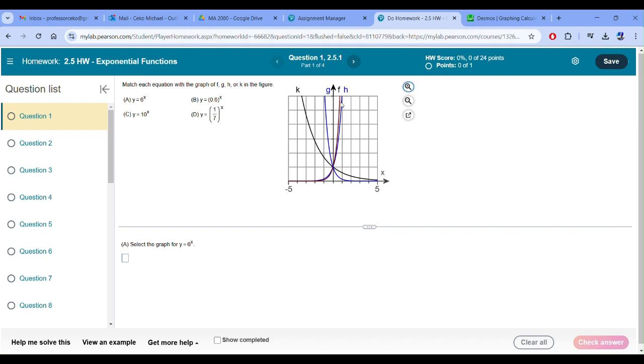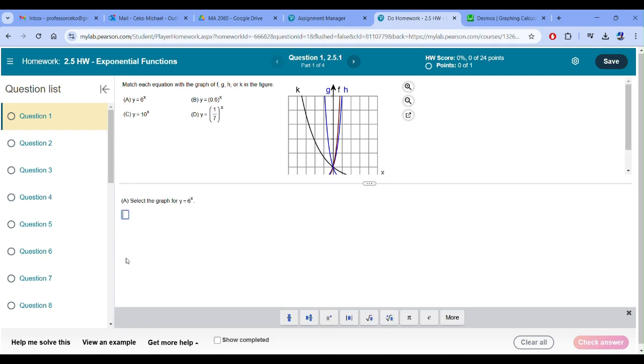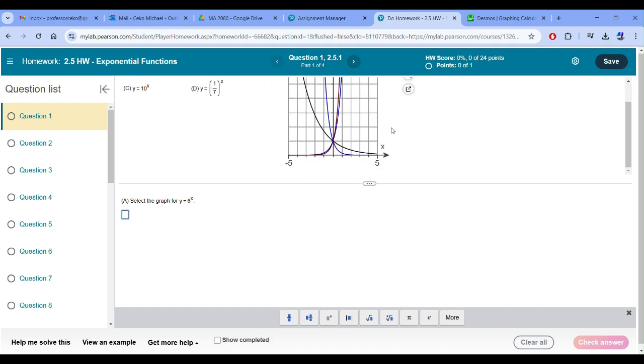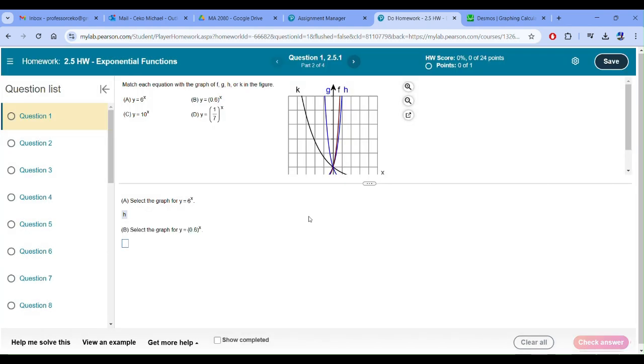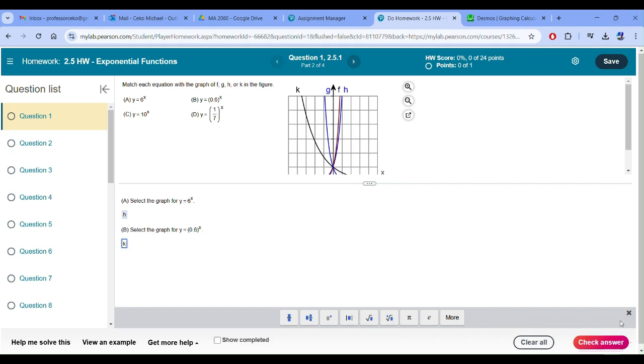I think the purple line is F, which means this should be H. I don't see F, G, H, K, so 6 should be H, the smaller one. 0.6 should be the smaller one between the two, going negative, K. This is either right or wrong.